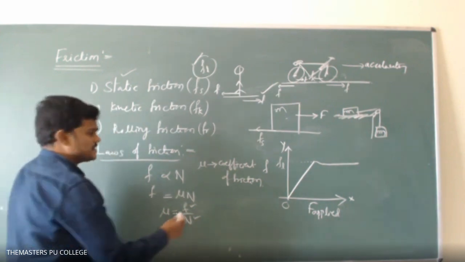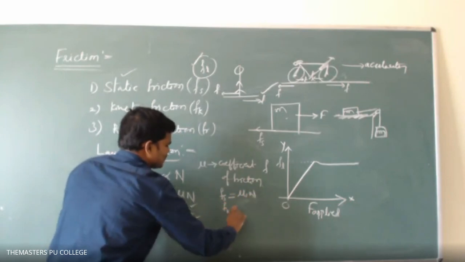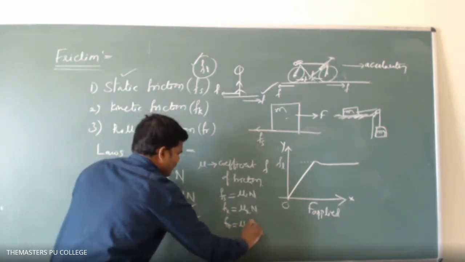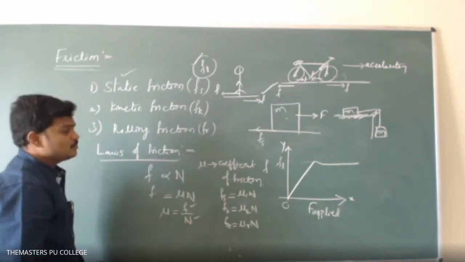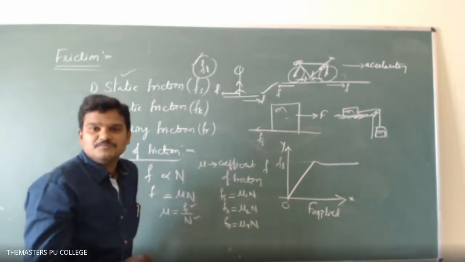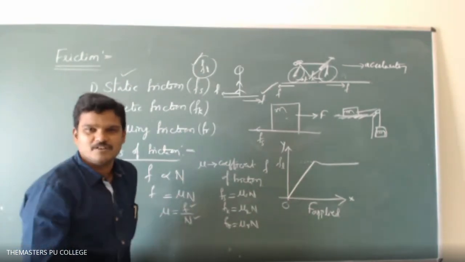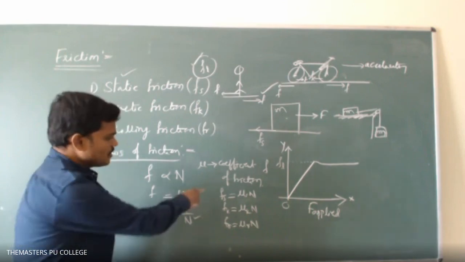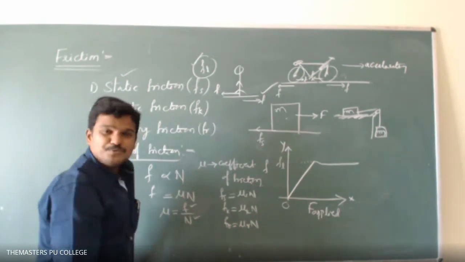If it is static friction, we write Fs equals mu_s N; if kinetic, Fk equals mu_k N; if rolling, Fr equals mu_r N. Next I want to use all these things in some applications, maybe in the next session with small problems. Today only the introduction and basic concepts are covered.